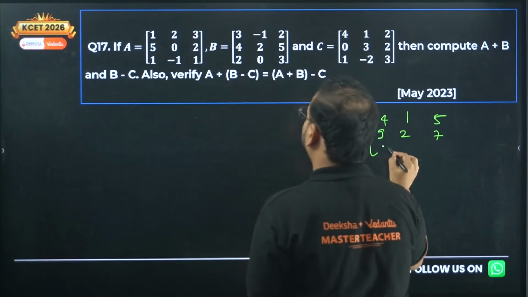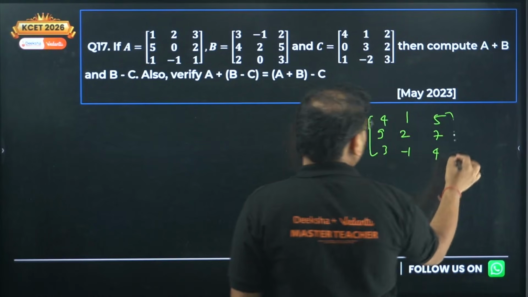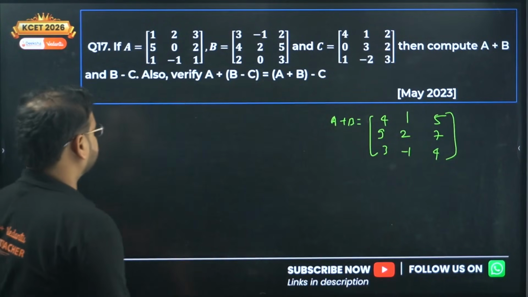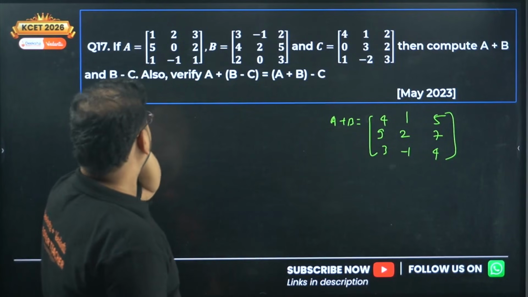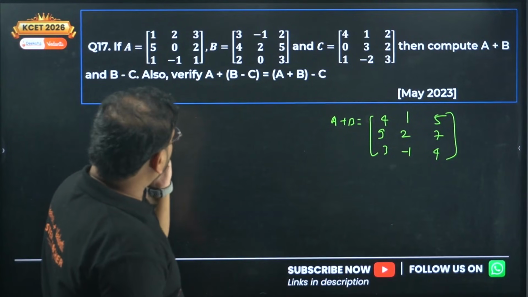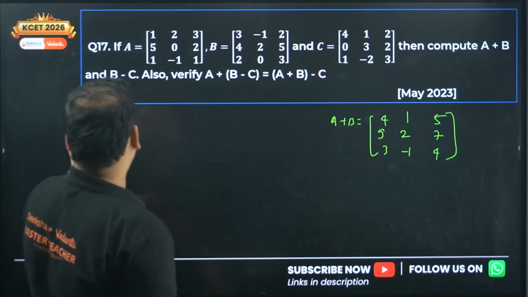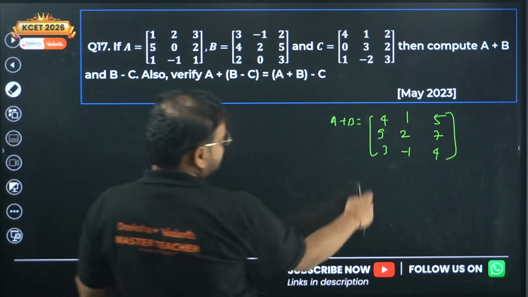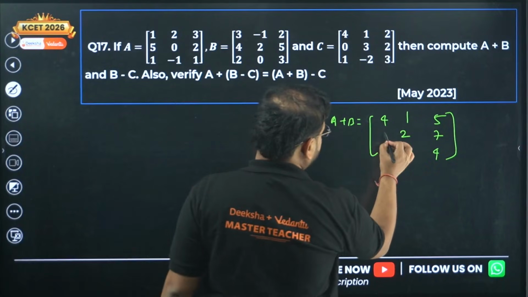We have 3, minus 1 and 4. Let me cross check once. Okay, A plus B. 4, 1 and 5. Okay. 9, 2 and 7. Okay. 3, minus 1 and 4. Alright, sir. Doesn't look like 9. Let's just rewrite it. Okay. This is my A plus B.